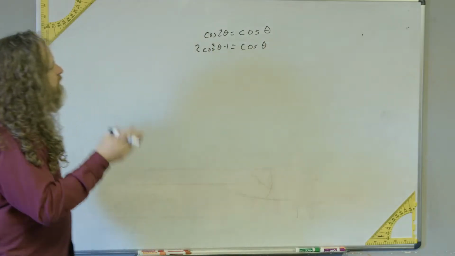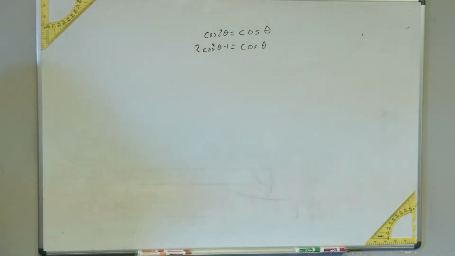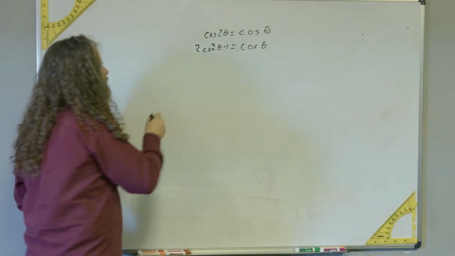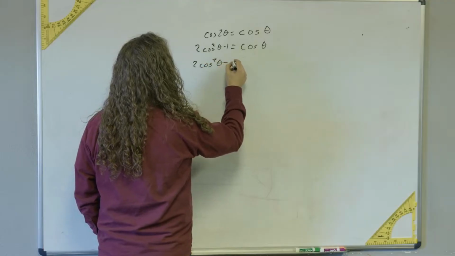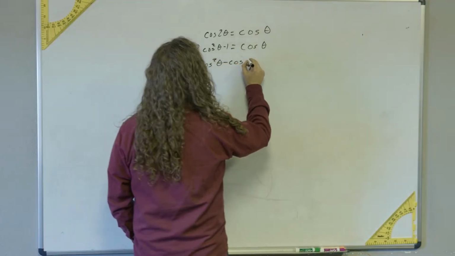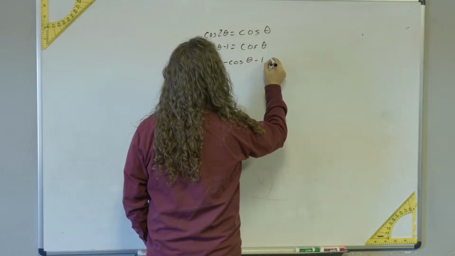That seems reasonable because we're in just one trig function. So what now? Then I subtracted cosine theta, so 2 cosine squared theta minus cosine theta minus 1 equals 0.